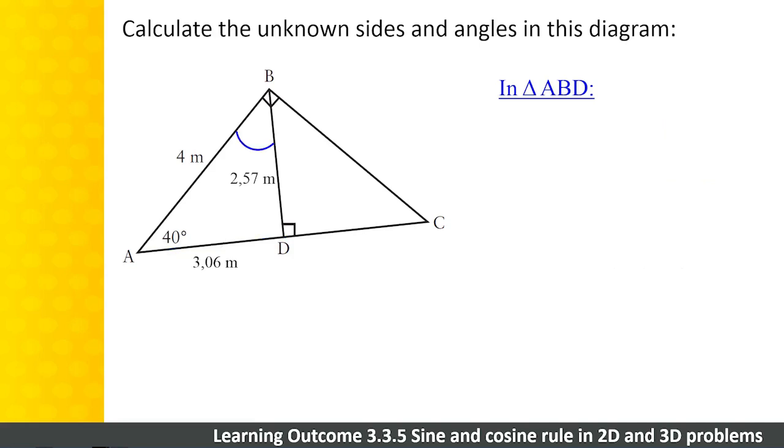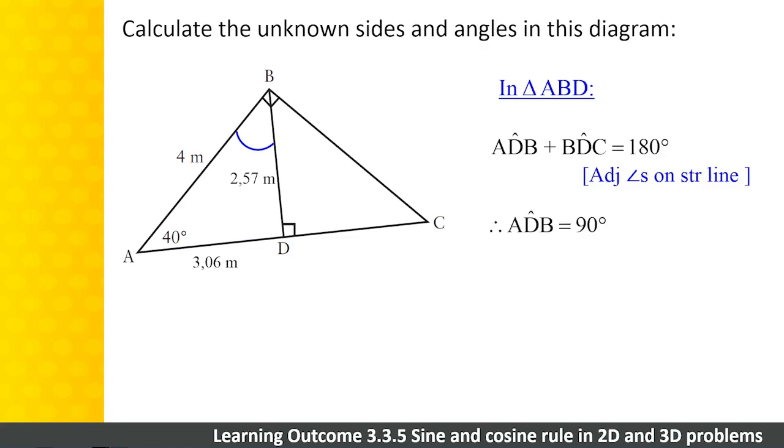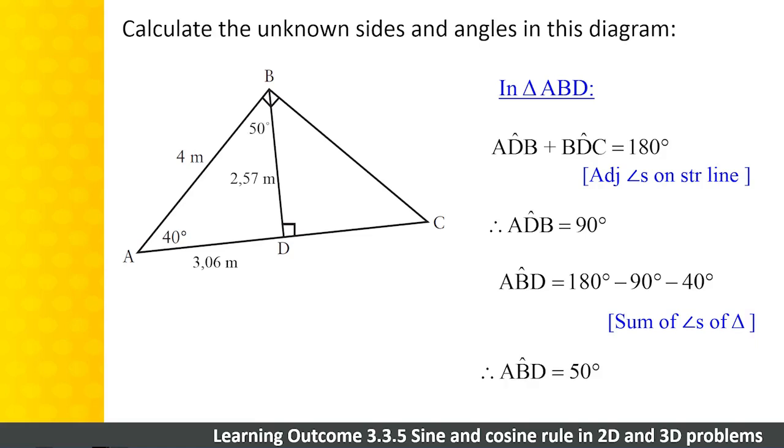We have 2 outstanding angles in triangle ABD. We know that ADB plus BDC equals 180 degrees because they are adjacent angles on a straight line. So angle ADB is 90 degrees. Because all the angles of triangle ABD sum to 180 degrees, ABD equals 180 degrees minus 90 degrees minus 40 degrees. We can conclude that ABD is 50 degrees.